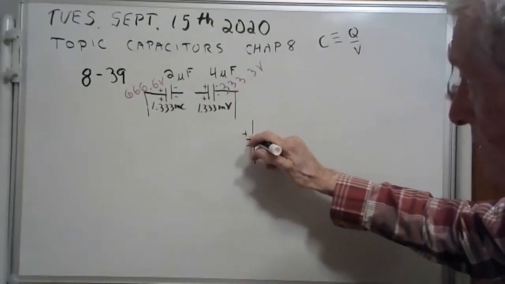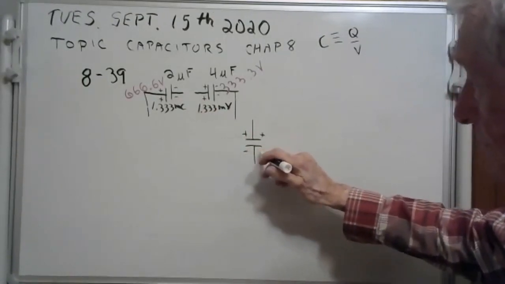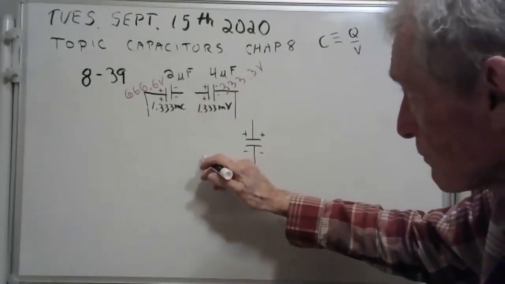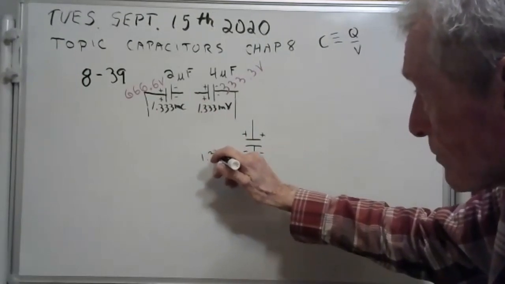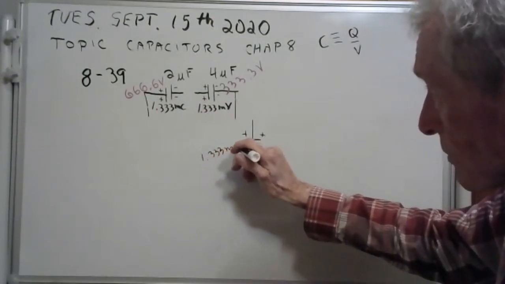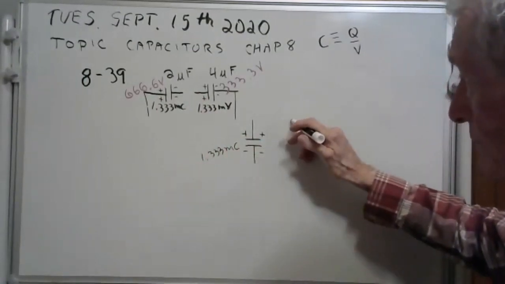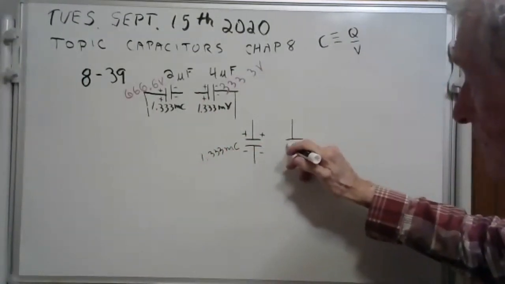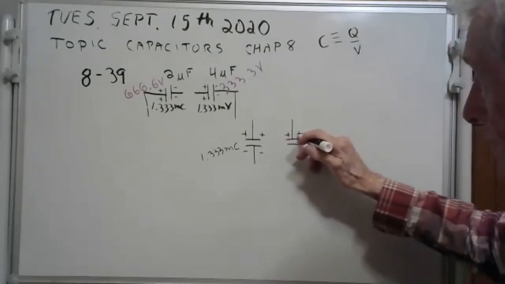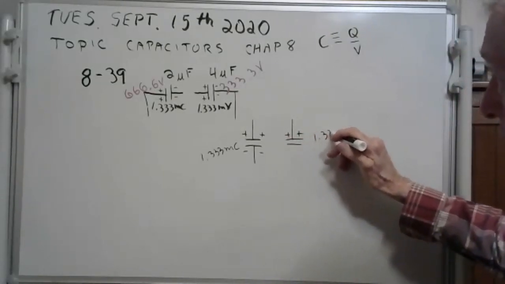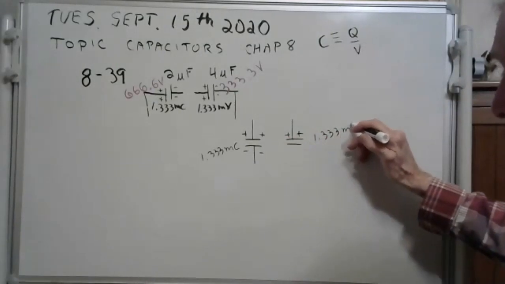And then they want you to do this. We're going to take the positive one here. And what we have is 1.333 millicoulombs. And this one here, this is the positive one. It's got the same 1.333 millicoulombs.